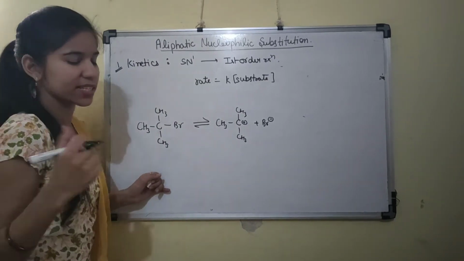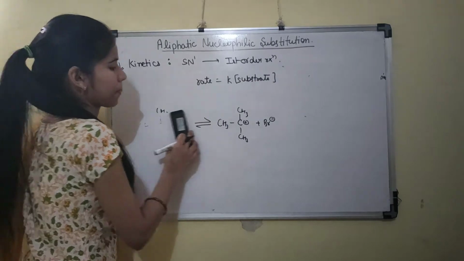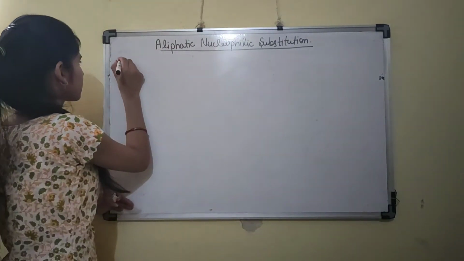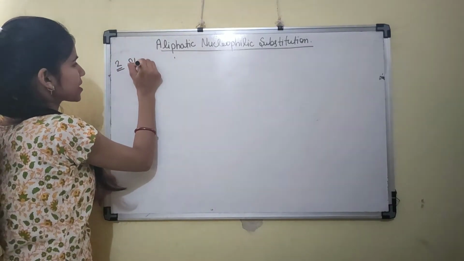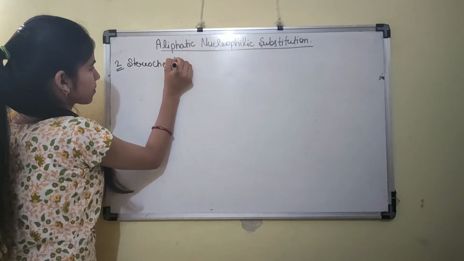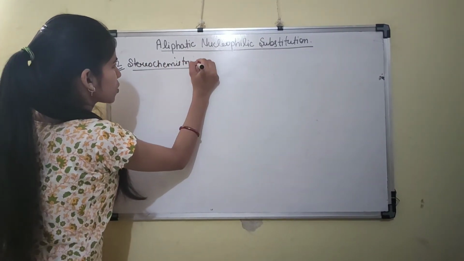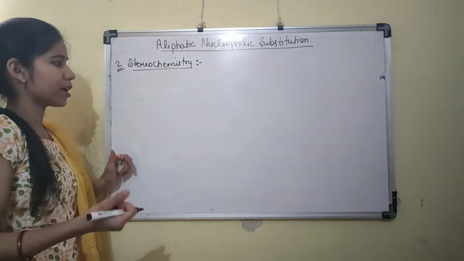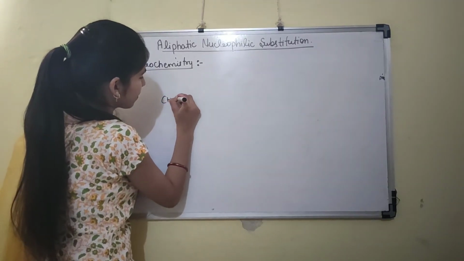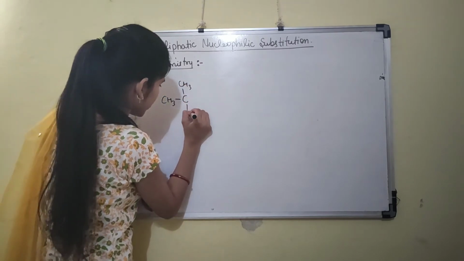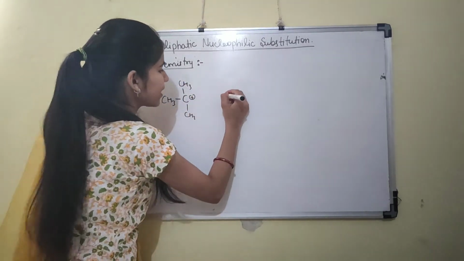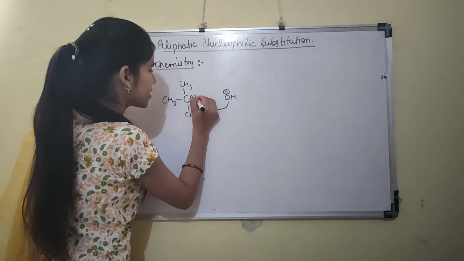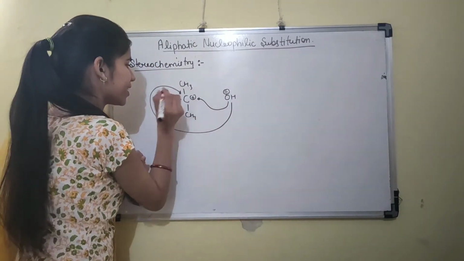And the second evidence is stereochemistry. In this SN1 reaction, racemization and inversion are both present, because in the carbocation CH3, CH3, CH3 positive, the nucleophile, that is OH negative, can attack from both sides, from this side or this side.